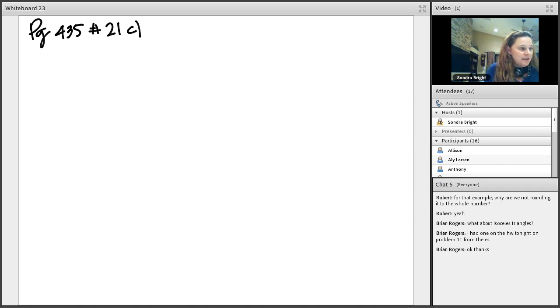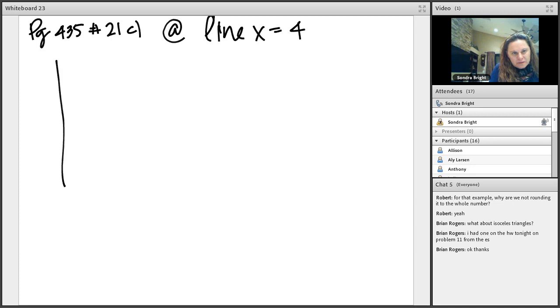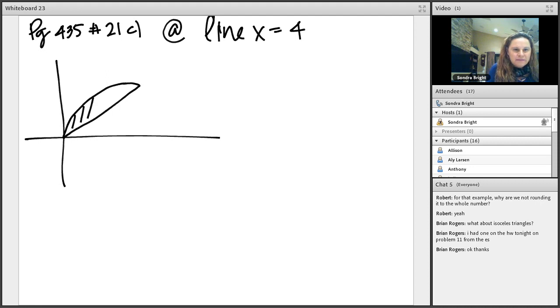So same shape, but this time we're going to revolve it around the line x equals 4. I'm going to draw this a little bit bigger. Here was my original shape, and remember this was 0, 0 and this point right there was 4, 4.